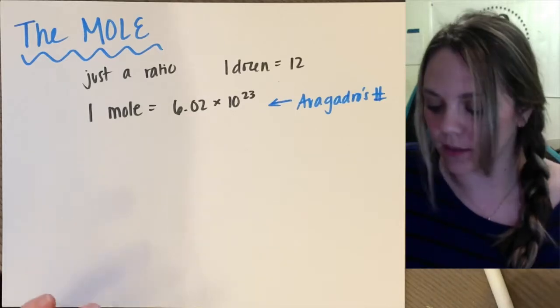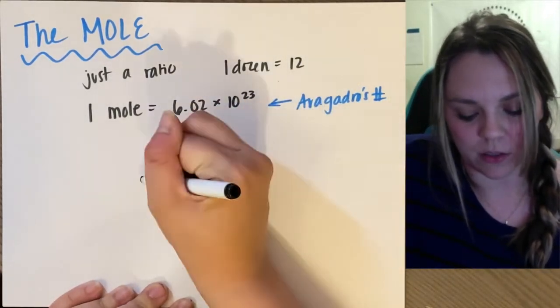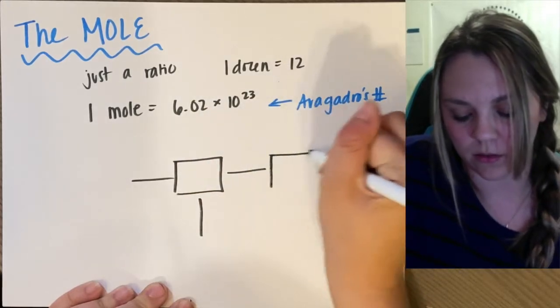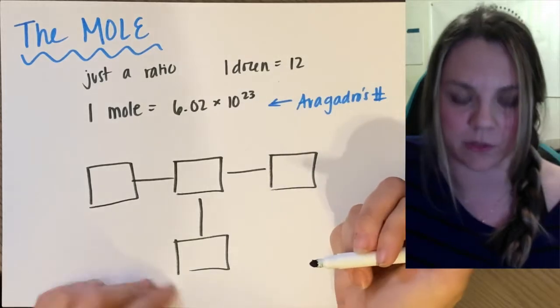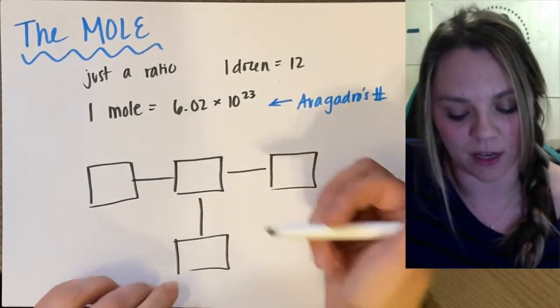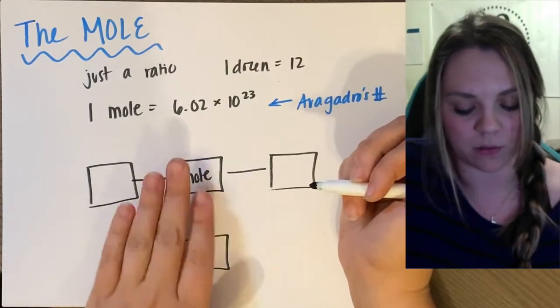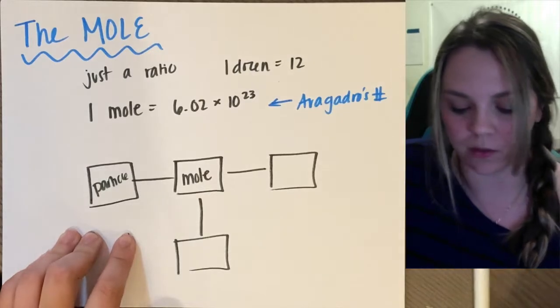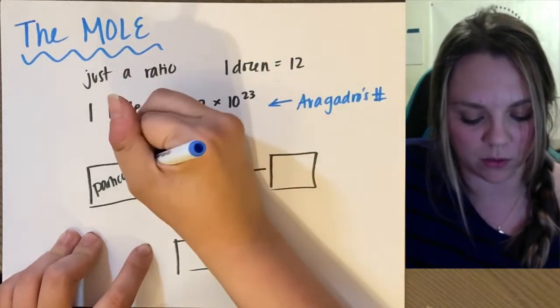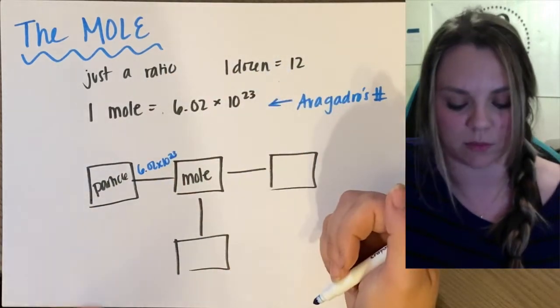And then you also use this kind of beautiful graphic to switch between moles and other things. So to go from mole to particle, you use the 1 mole is 6.02 times 10 to the 23rd conversion, okay?